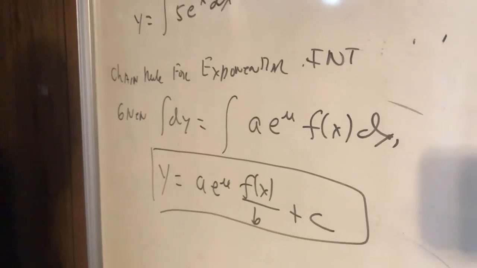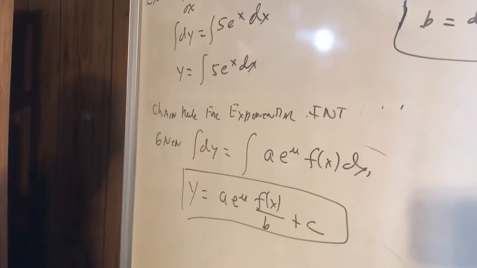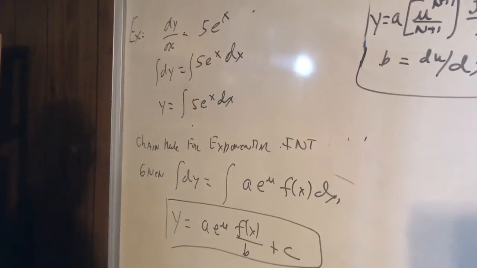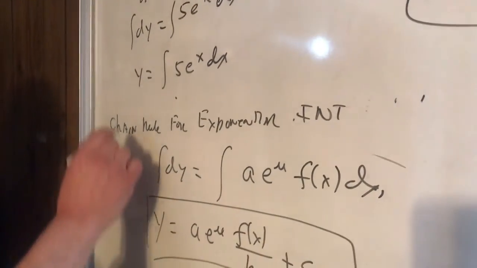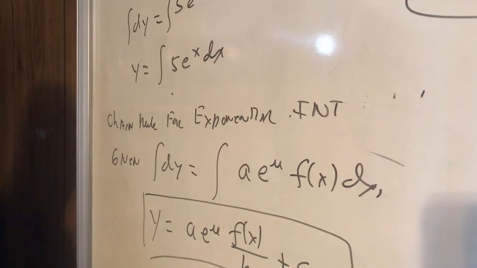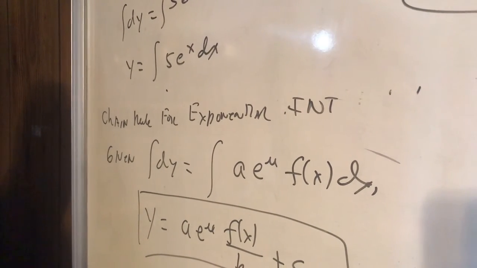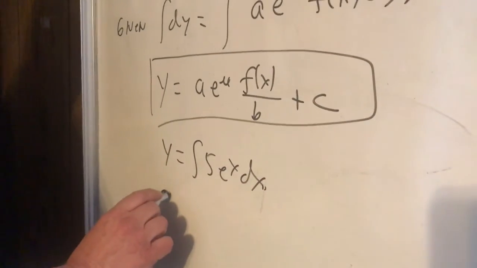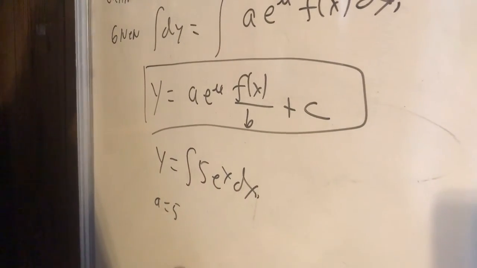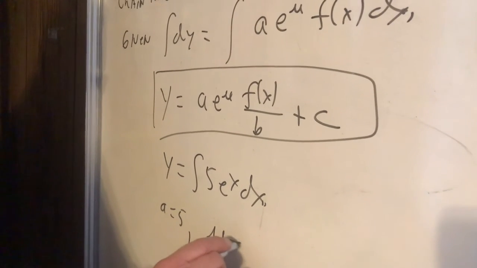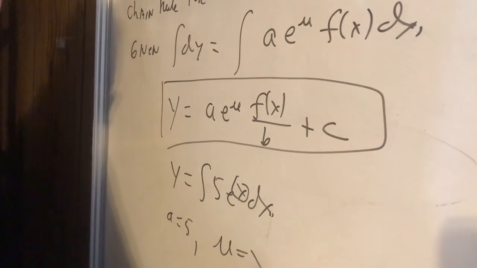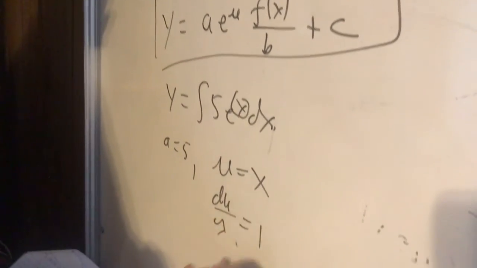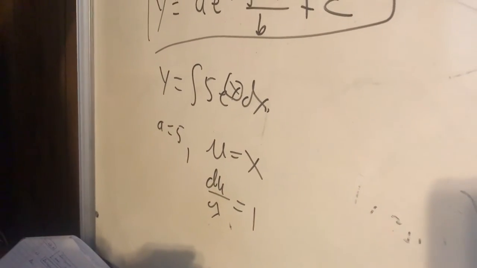If we want to apply that here, this one's a pretty easy one. Notice you have a equals 5. u is usually the power, so du/dx equals 1. There's no n here.